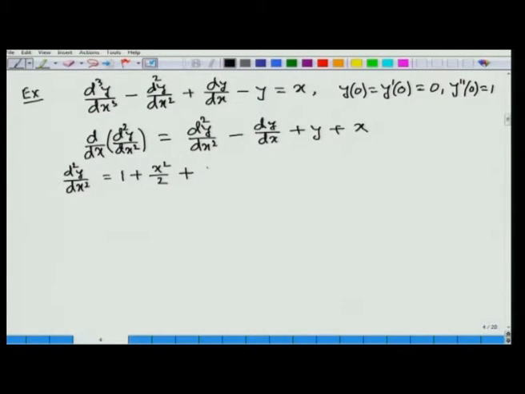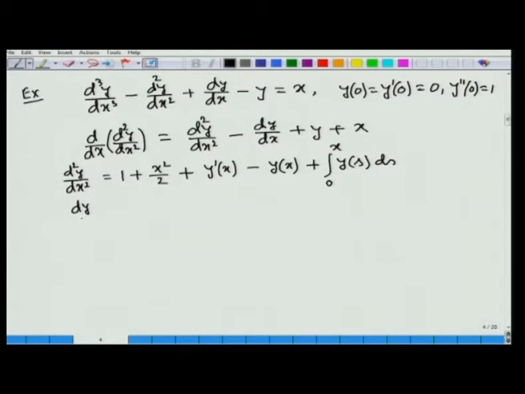So, it will result in y dot x minus 0, because y dot 0 equal to 0, then minus y x plus 0, because y 0 is given exactly equal to 0, plus integral 0 to x y s ds.